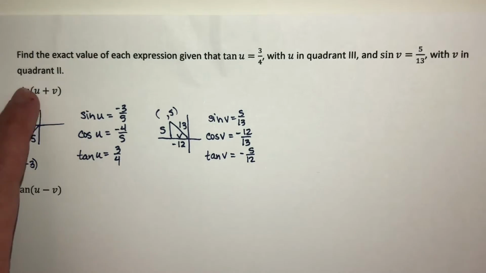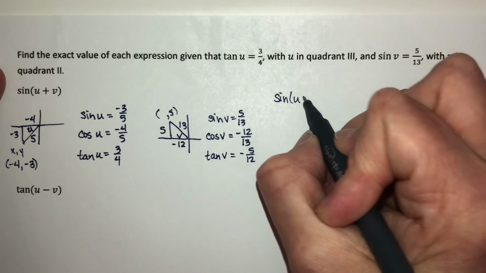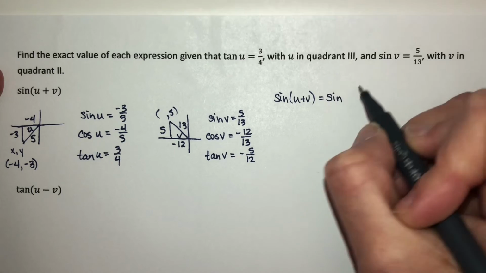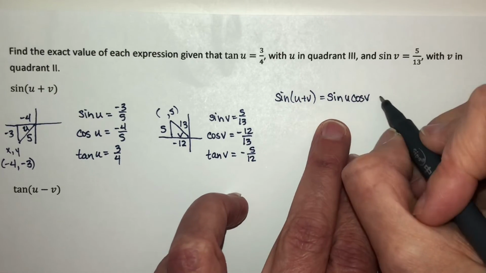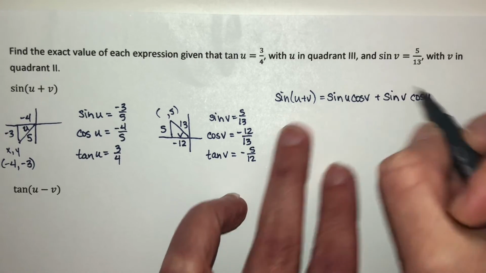Okay, now finally, sine of u plus v will be sine of u cosine v plus sine v cosine u.